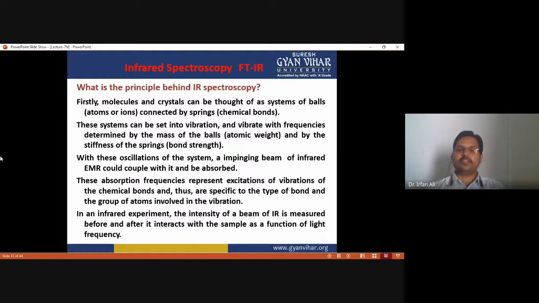By the use of this technique, we analyze the functionalization of nanoparticles. In an infrared experiment, the intensity of a beam of infrared is measured before and after it interacts with the sample as a function of light frequency. So in this technique, we use infrared electromagnetic radiation.